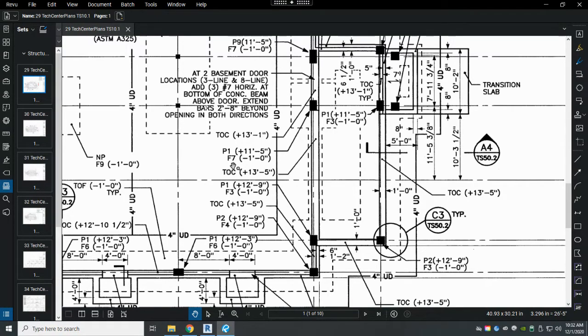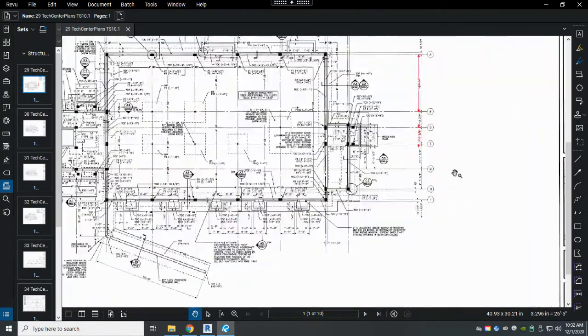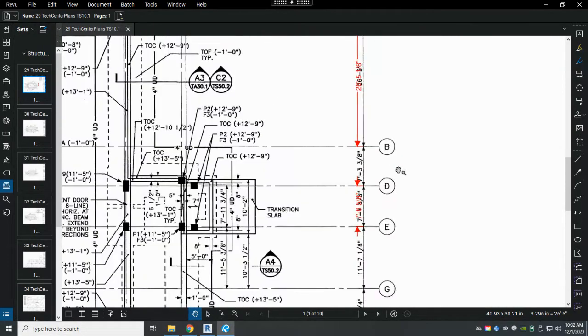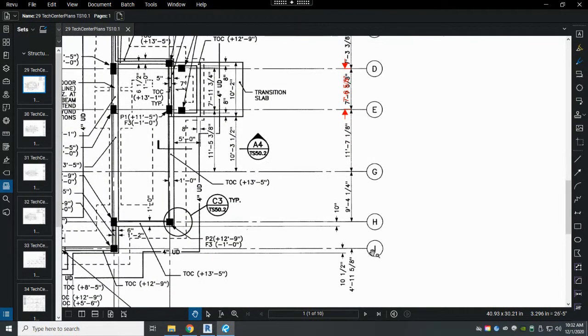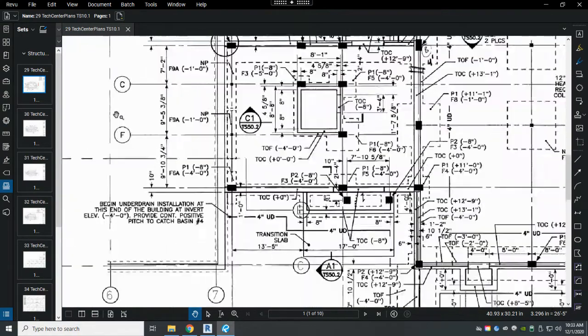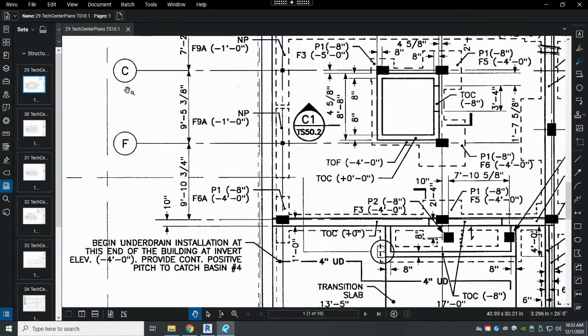Why are column lines C and F skipped on the right side of the building on the foundation plan? So let's see, we have A, B, then it jumps to D, E, and then it jumps to G, H, I. So where are column lines C and F? They should be either on this side of the building or on that side of the building. And when we zoom in on this side, there they are, C and F. Why are they over here on this side?